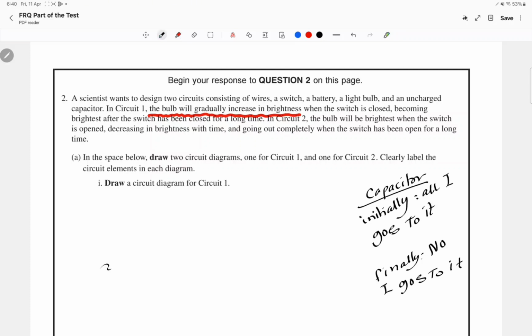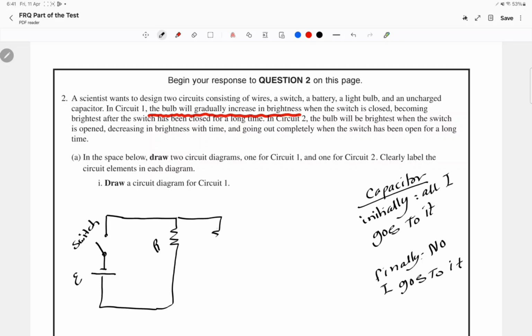So let's go ahead. That's your battery. That is your switch. And now the current will choose to go between two branches, either the R branch or the capacitor branch.